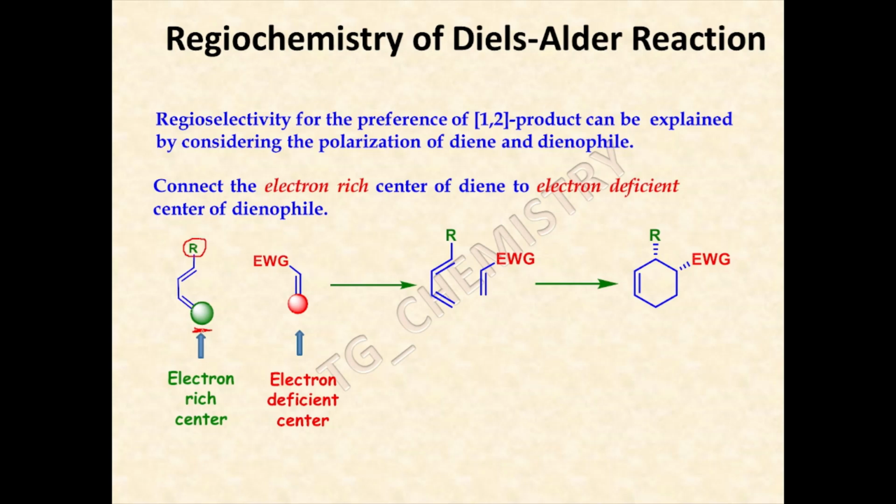It will tend to interact with the electron deficient center in the dienophile, created by the electron withdrawing group pulling electrons, at the carbon farthest from the electron withdrawing group. The electron rich center must react with the electron deficient center, so we have the orientation of the diene and dienophile in such a way that the 1,2 product is the major one for a one substituted diene system.